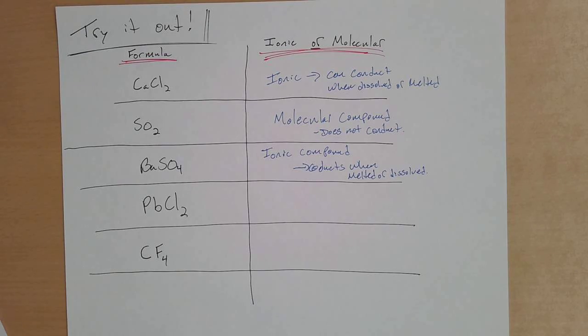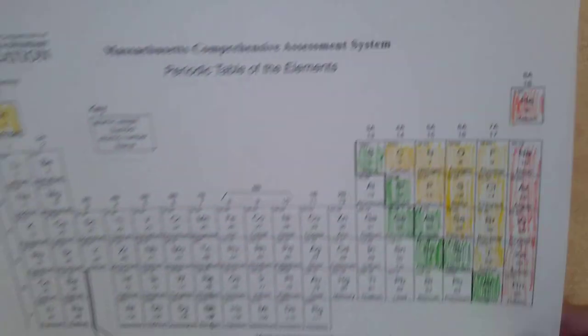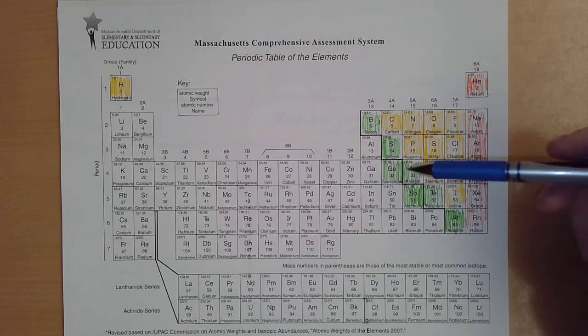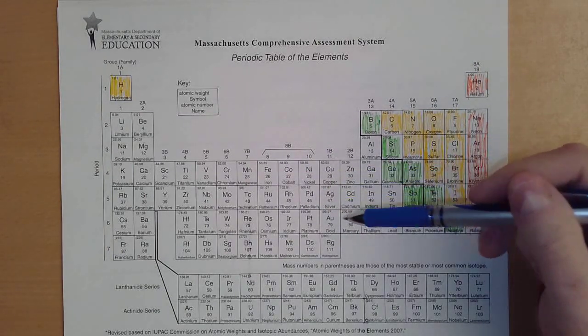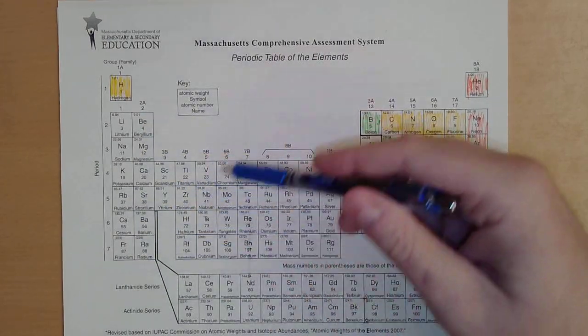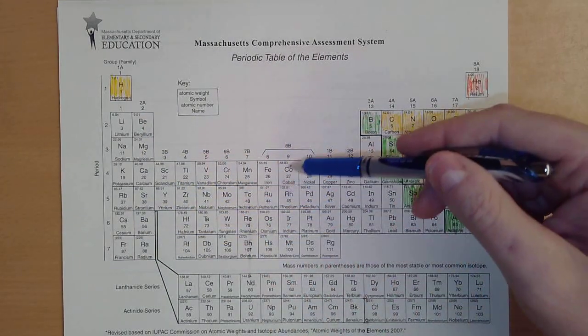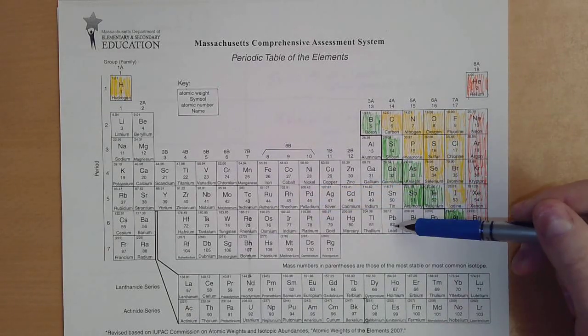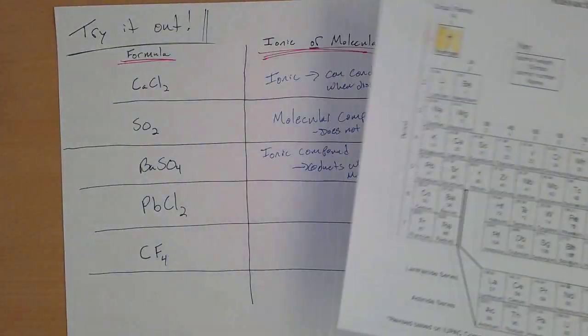Okay, we got PbCl2. Let's take a peek at that. So we have Pb. I want to look through over here for Pb. Let's see. We're just doing a quick scan. I'm looking for Pb. There's Pd. There's Pb right there. That's one of my white ones, right? And then the other one was our Cl2.